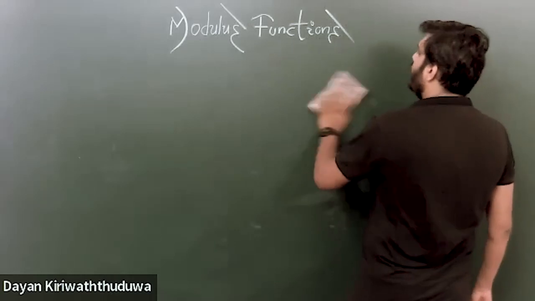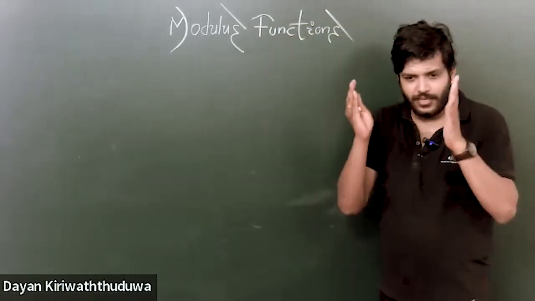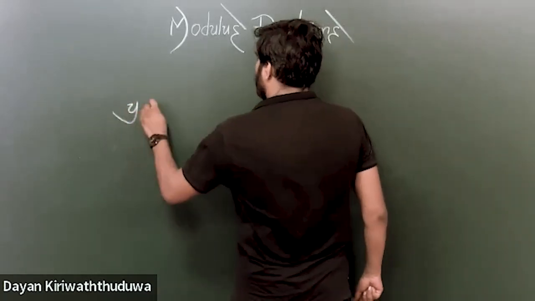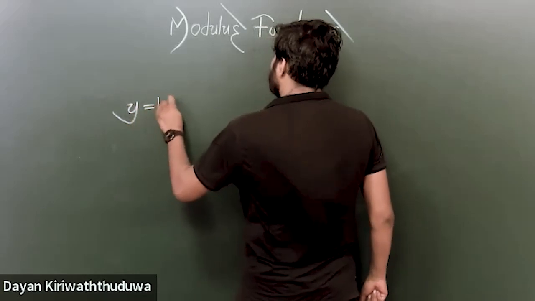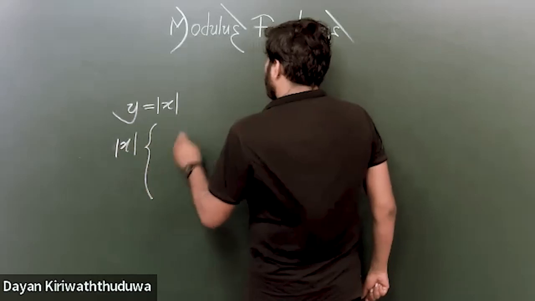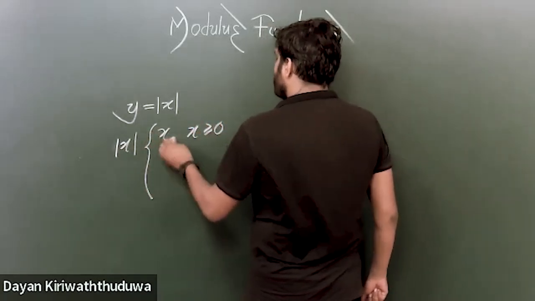Now I'm going to brief it quickly, the same thing, so that we can get it established in our mind. So we have y equals modulus x, and we write modulus x as just x when x is non-negative, that is, greater than or equal to 0.